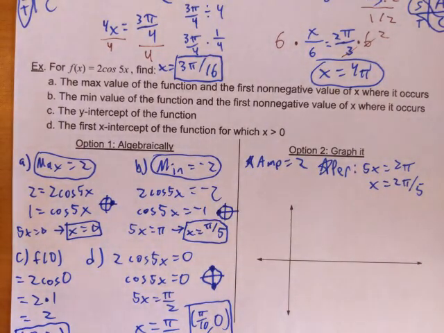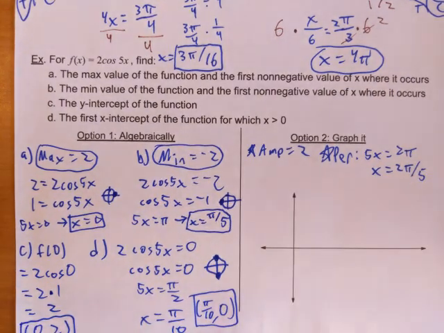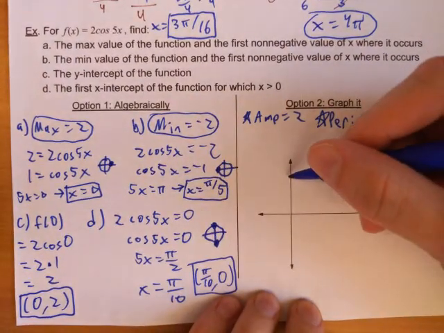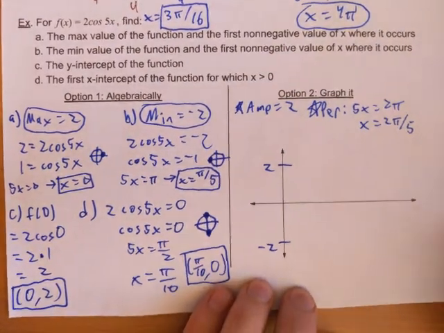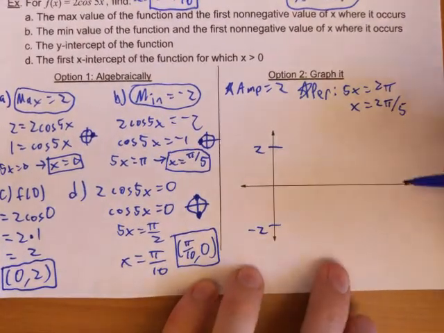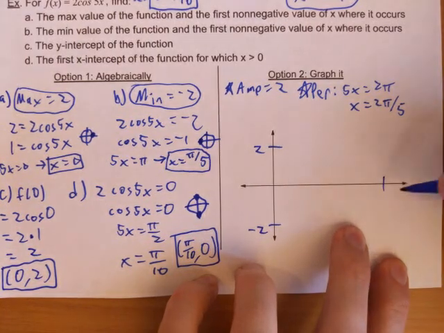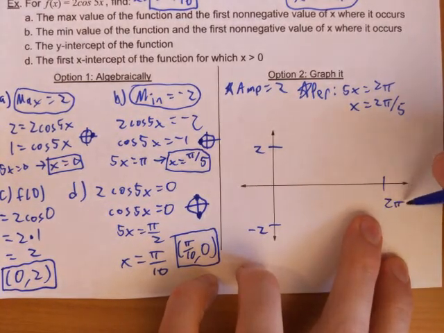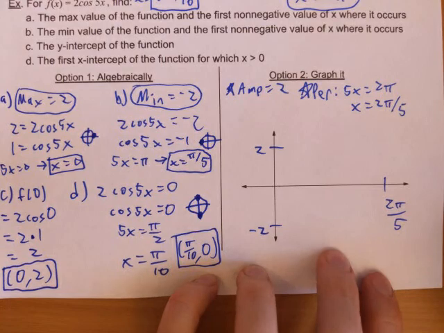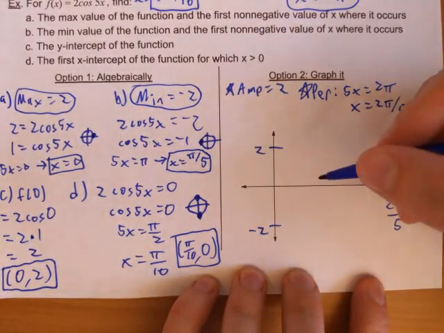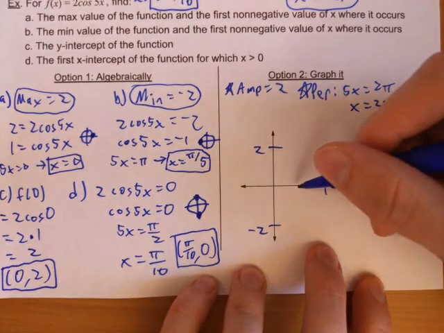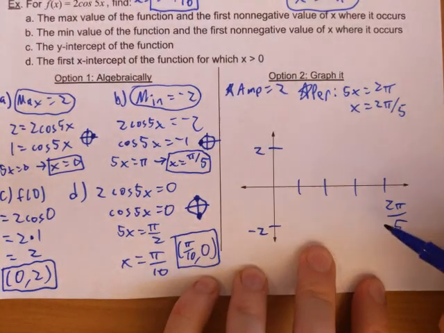And so now if I can put all that together and sketch it carefully, I'll be able to see all of these points here. I know the function is going to bounce between negative 2 and 2 for its y values. And then I know that the period is going to end at 2 pi over 5 here. You do have to realize exactly how I can scale that as we do this here. So there's 4 points here.